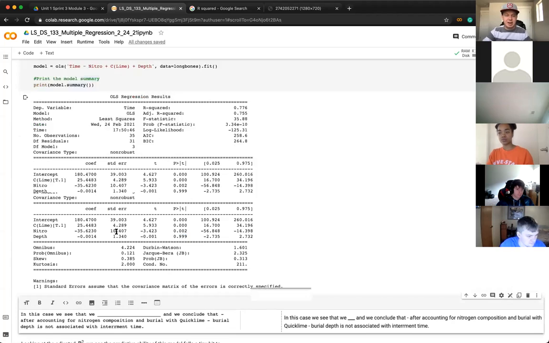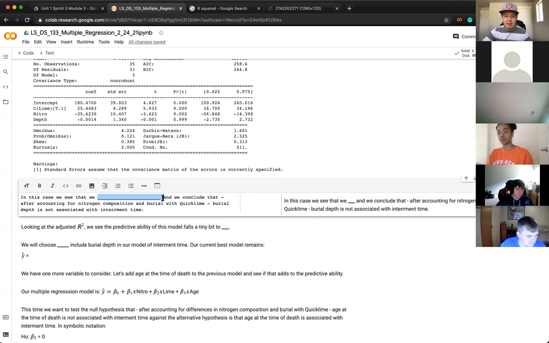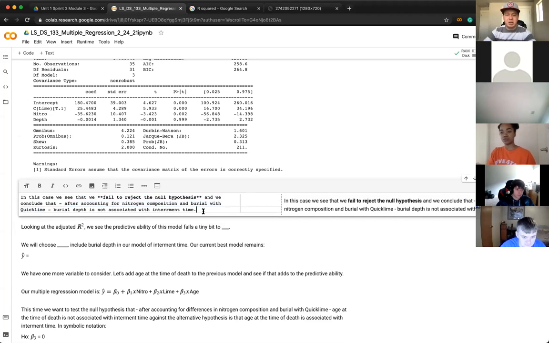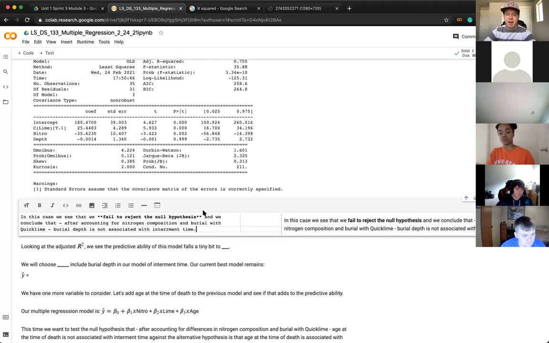In this case, we see that we fail to reject the null hypothesis. And we conclude that after accounting for nitrogen composition and burial with quicklime, burial depth is not associated with interment time. Yeah, so it's actually not a significant factor once we've already accounted for lime and nitro, right?